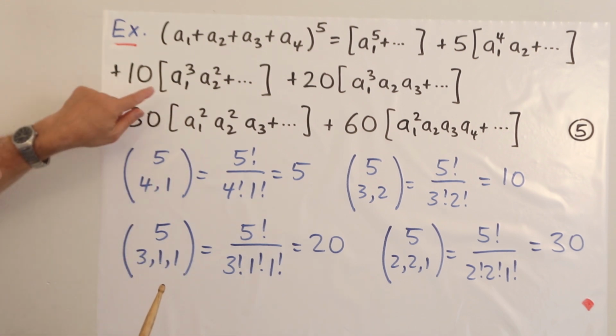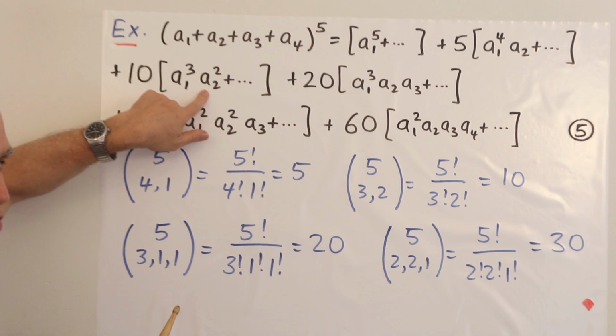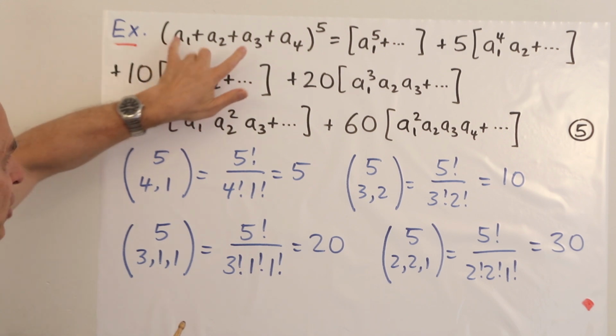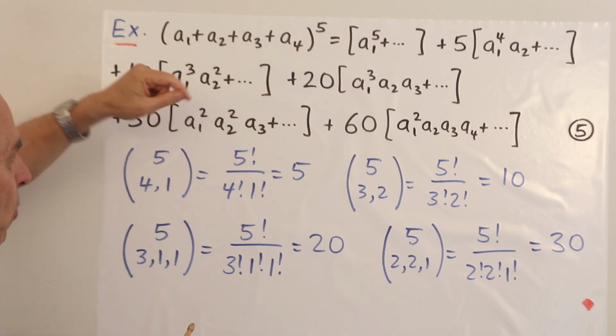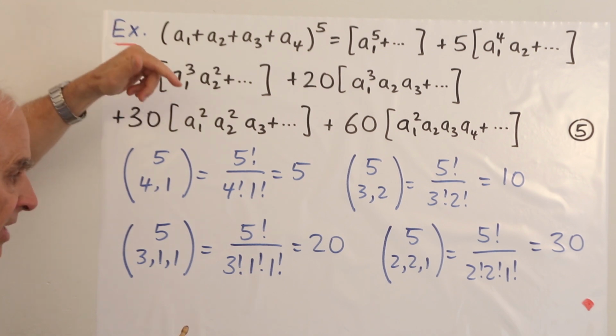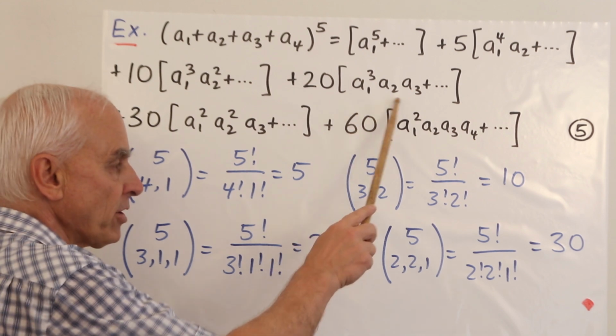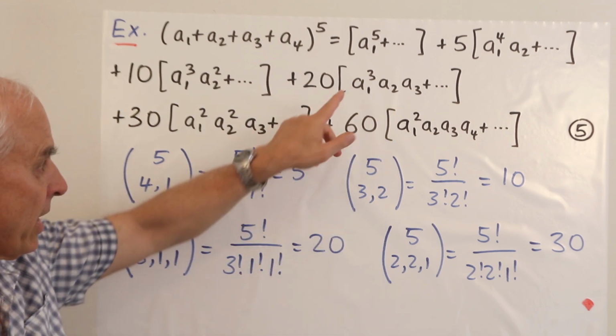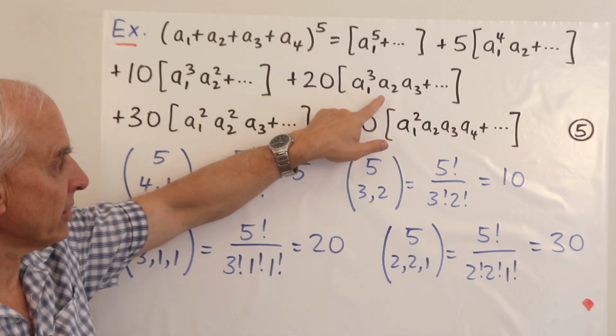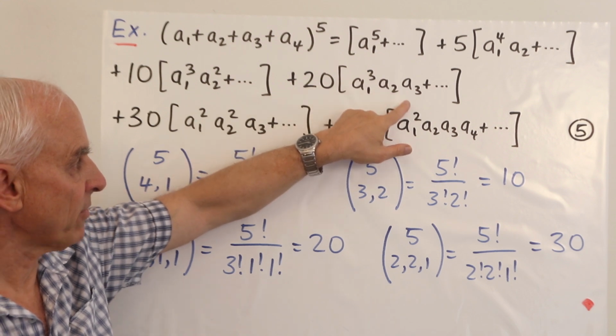And then there are terms of the form a1 cubed a2 squared. Take any two of these terms, and one of them gets raised to the third power, the other one gets raised to the second power. There's 10 of them. And here we have a product of three terms, an a1 cubed times an a2 times an a3.